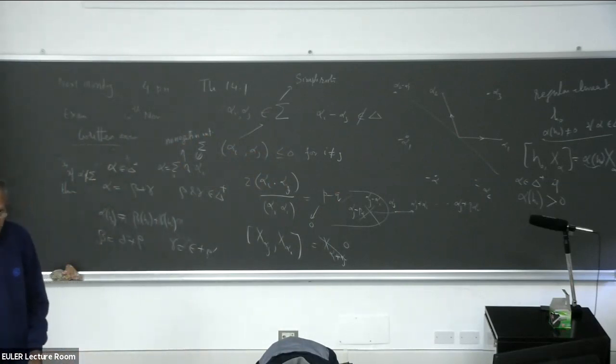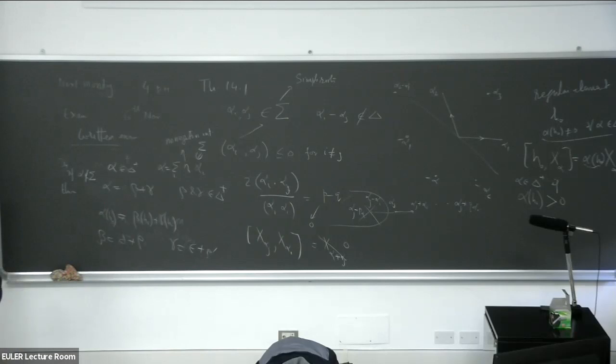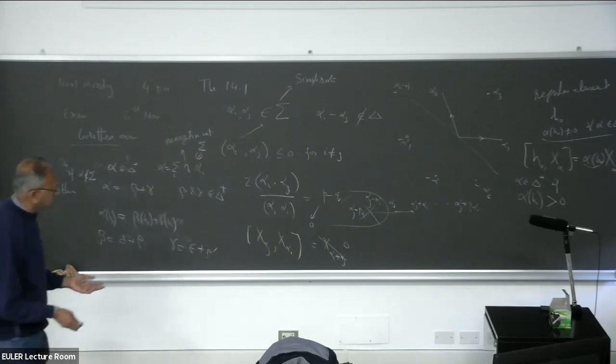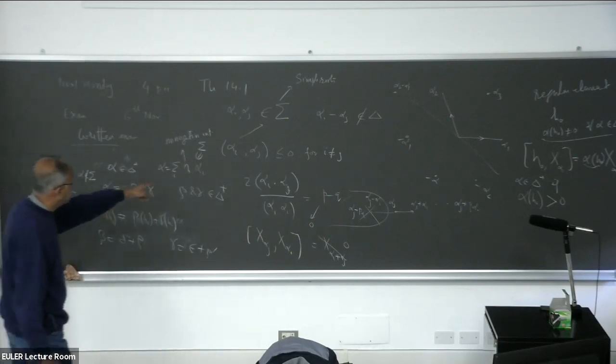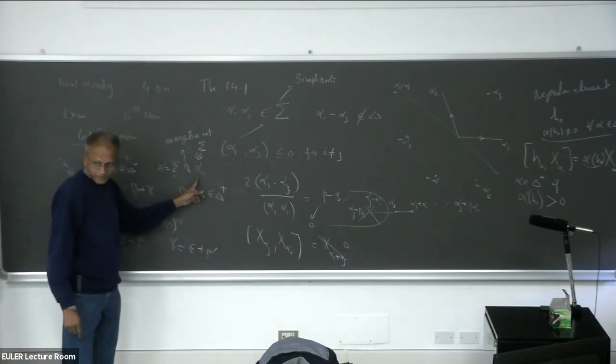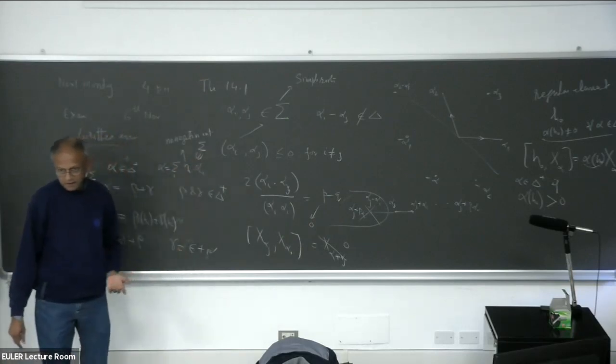The third statement was that the simple roots provide a basis. This is because we already know that the full set of alphas spans H star, the dual vector space. But since every alpha can be expressed as a linear combination of the elements of sigma, therefore sigma spans there.